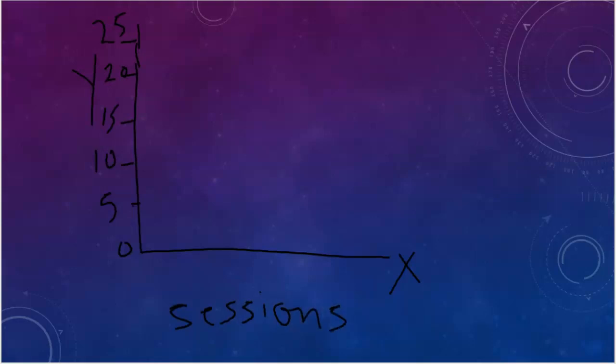So we're going to look at the behavior of raising hands in the classroom, and we're going to go by session 1, 2, but it should really be days, not sessions, because it's school days. But just for the graph, we're going to delete sessions and put days.